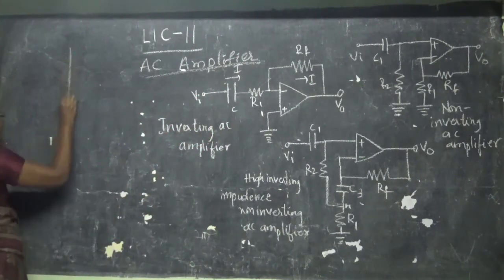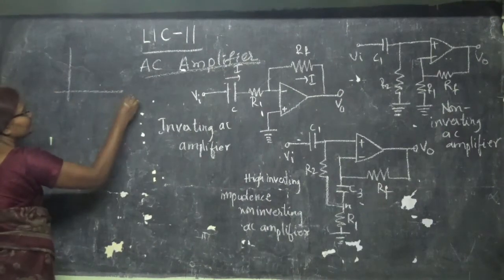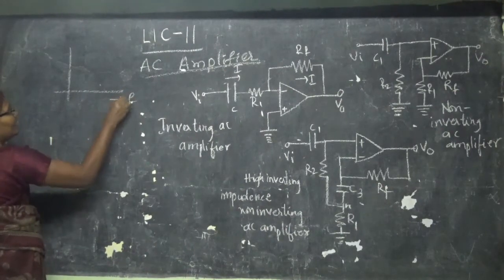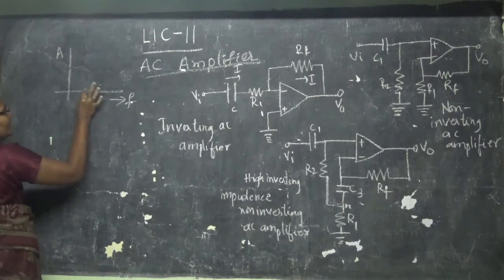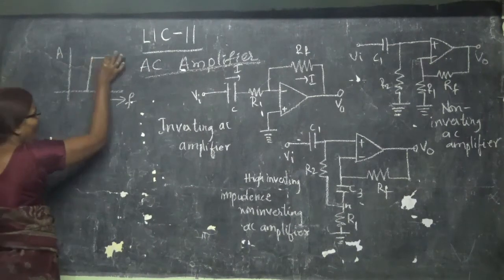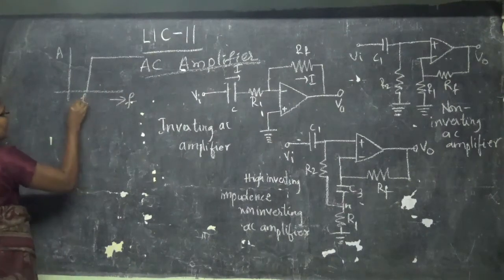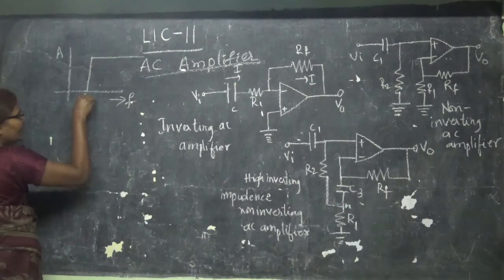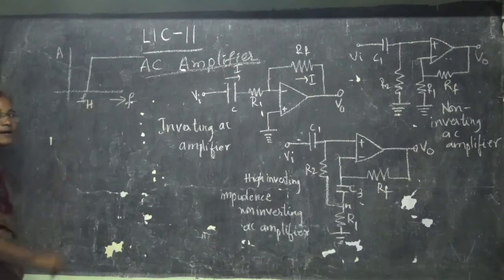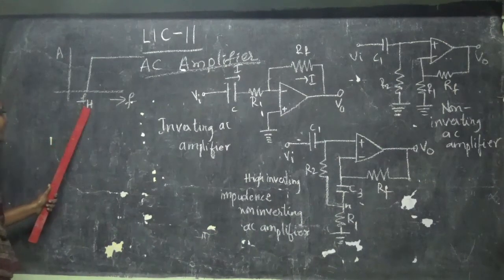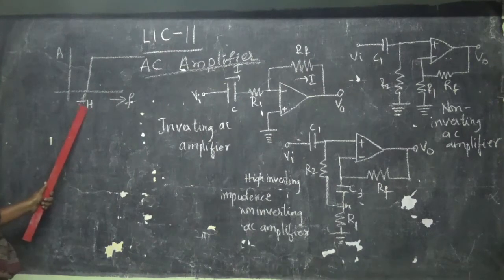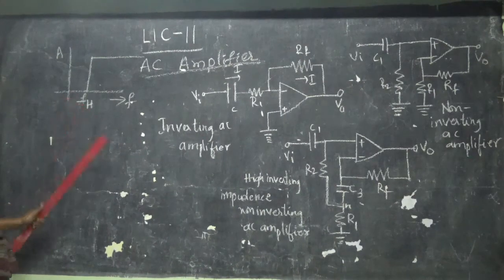A high pass filter is a filter which will pass all the frequencies after a corner frequency, or threshold frequency, or cutoff frequency, which is called FH.